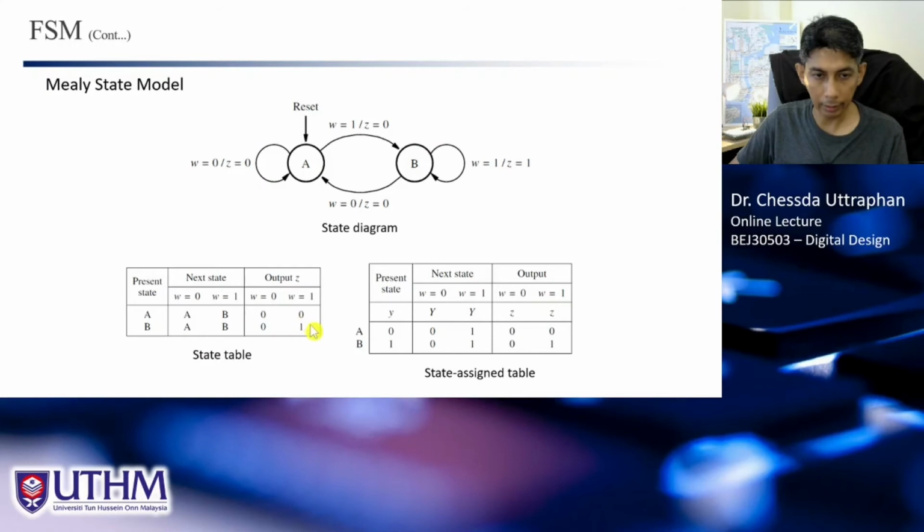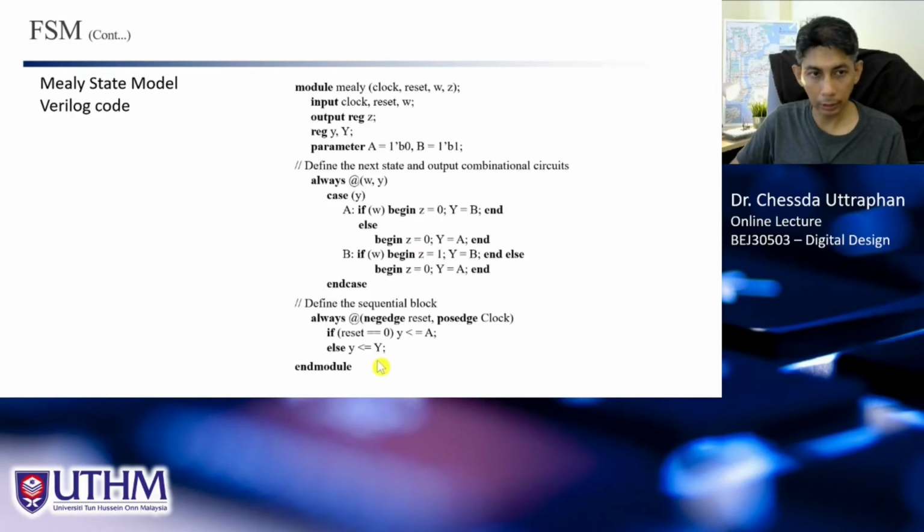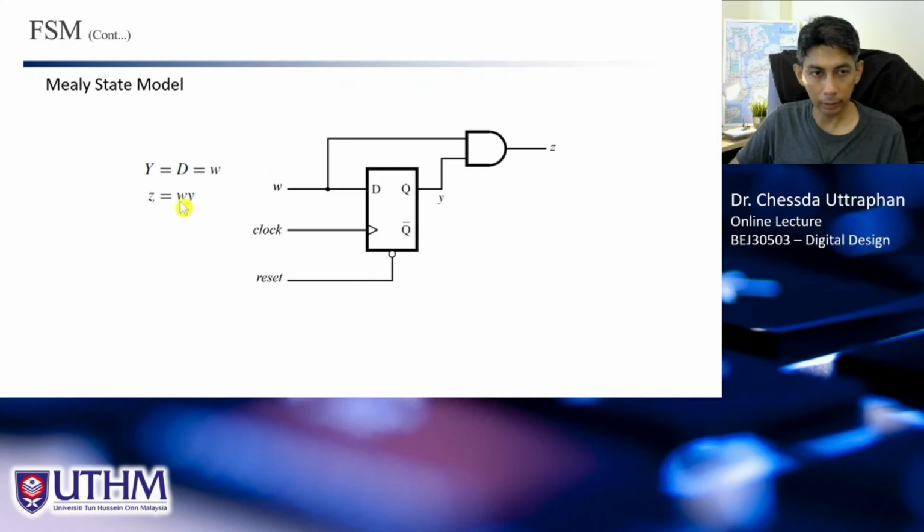Z is easy. Here, W equal to 1. Z is 1 when W equal to 1, and here W equal to 1 and small y equal to 1. So Z should be Y AND W, or W AND Y.